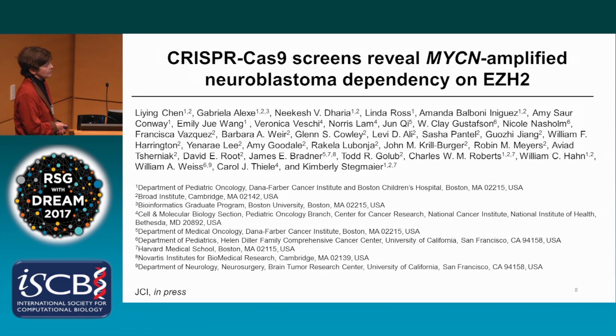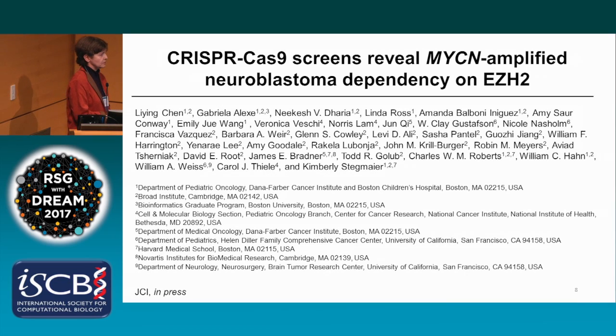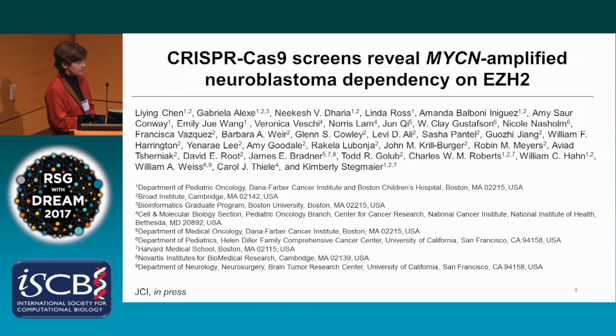The study was performed in collaboration with many groups from Dana-Farber Cancer Institute, Harvard Medical School, National Cancer Institute, and University of California San Francisco, and is currently in press at the Journal of Clinical Investigation. So why did we choose neuroblastoma for identifying dependencies?